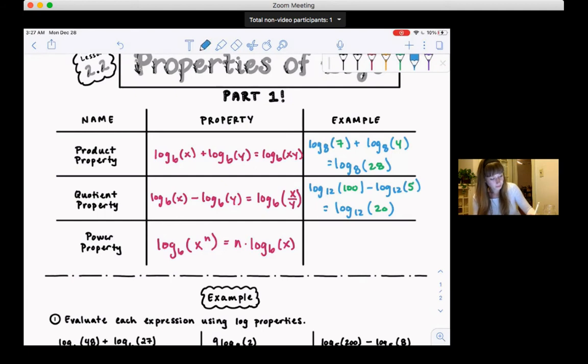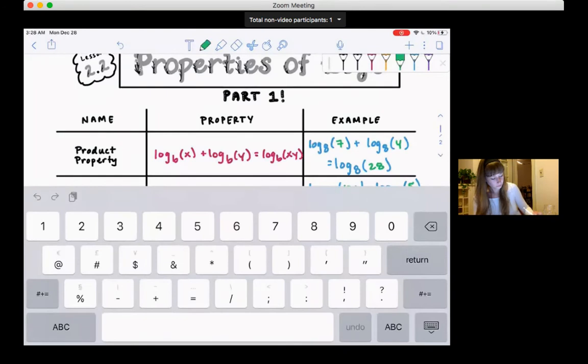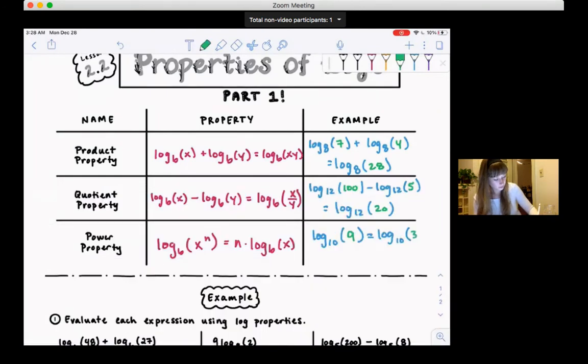Okay, and an example of this would be like log base b of, let's see, I don't know, 3 squared is 9. So that's log, oh, I should give us a base. Log base 10. So that's log base 10 of 3 squared.